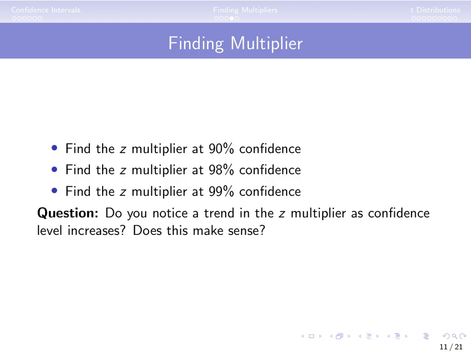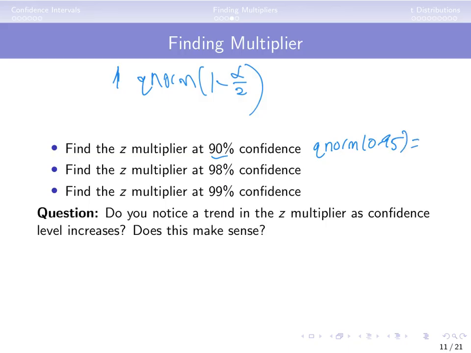Okay, so hopefully you paused the video and tried to work some of these out on your own. As a quick reminder, the code that we type into R is qnorm of 1 minus alpha over 2. In this case, alpha is 0.1, so we'll type in qnorm 0.95, and you work that out, that's 1.645.